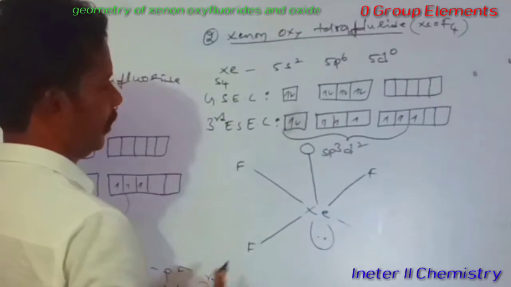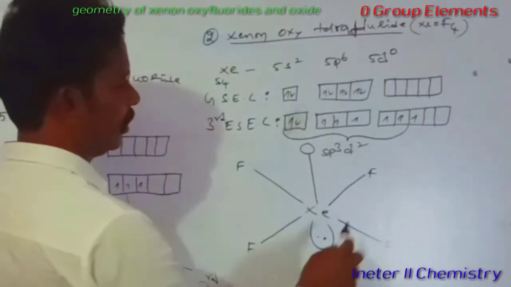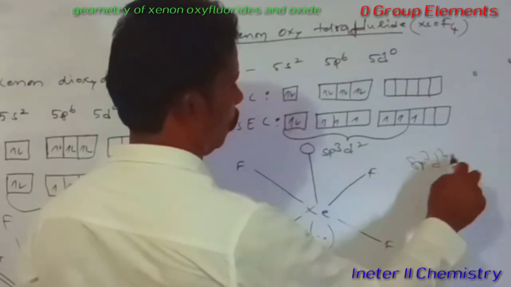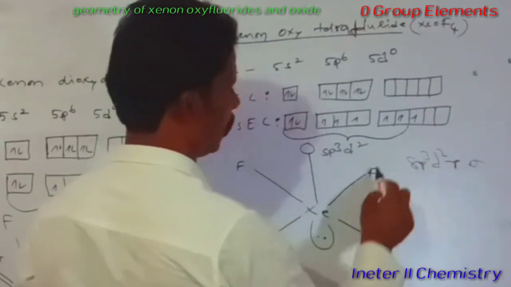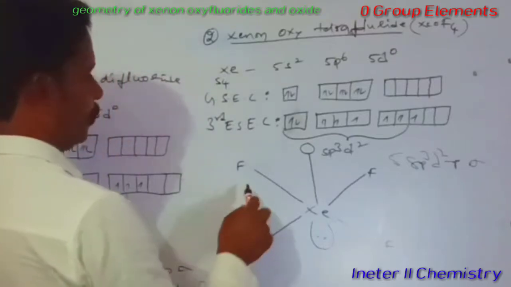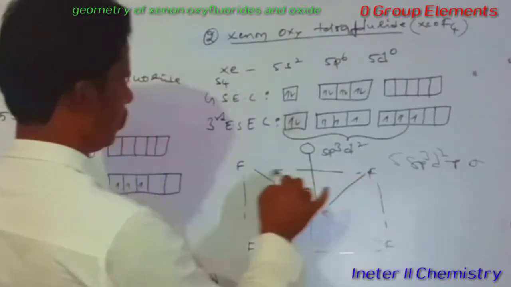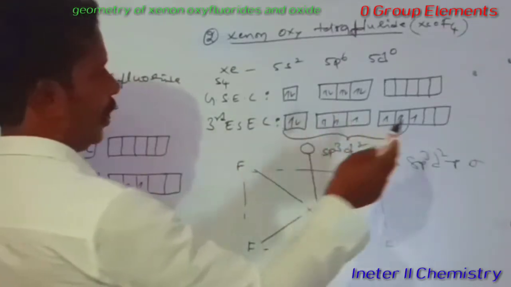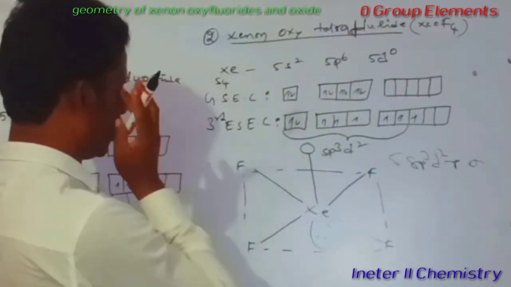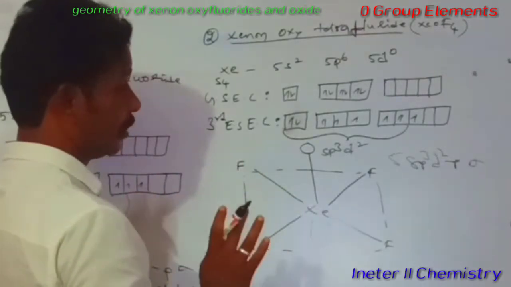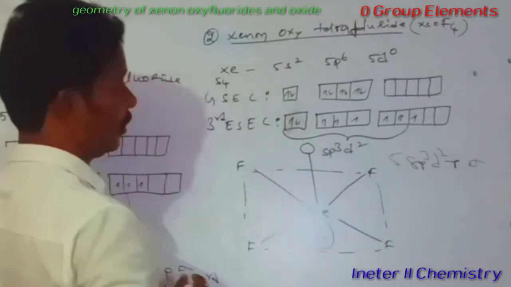Totally how many are formed here? Totally 5 sigma bonds. So those are also called sp3d2-p sigma bonds. How many total? 5. So here it looks like this. But another unhybridized d orbital is also there.